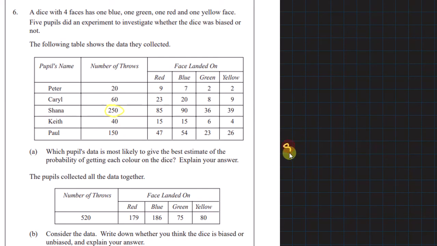So Shana has done more experiments. So she's most likely to be the best answer.